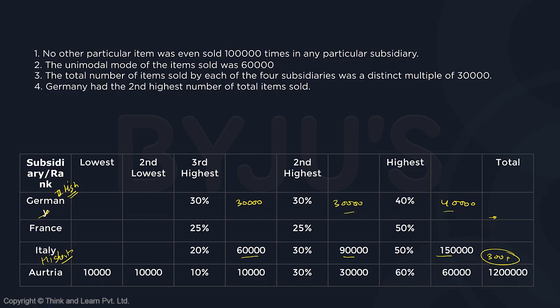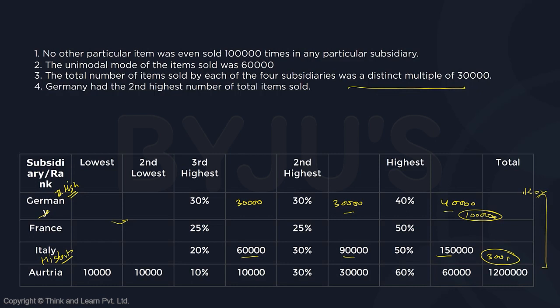Also, if I take 30, 30, 40, the total so far I am getting is 1 lakh, right? So these two should add up to a multiple of 30,000, and the totals are distinct multiples of 30,000. That means this cannot be 120, it has to be more than that, at least 150.